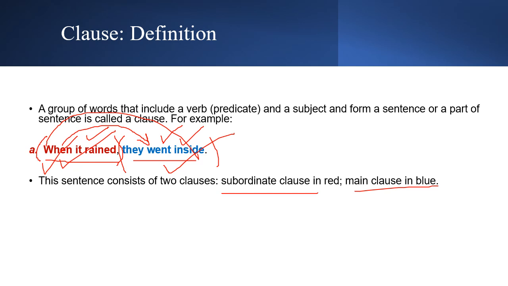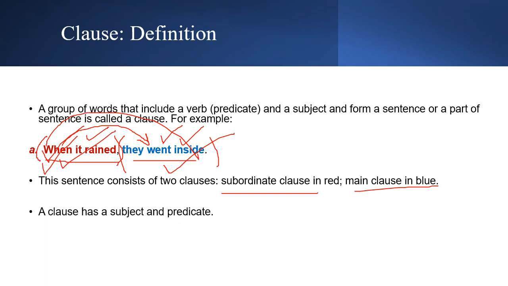They are not completely independent. They rely on somebody, but the boss does not rely on anyone. I mean, when it comes to making decisions, the boss can do whatever they want. Okay, so this is exactly the same for these clauses.